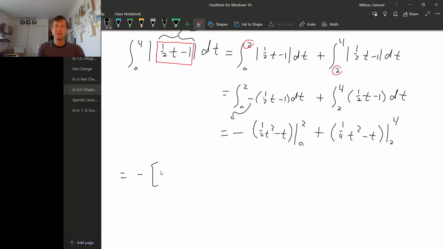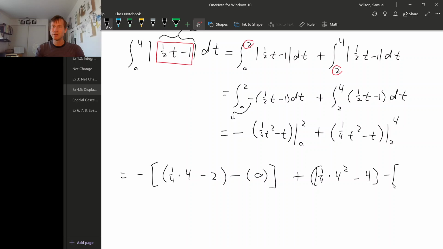So, let's see, for the first one, this is going to be 1/4 times 2 squared is 4, minus 2, minus, and then we need to plug in our 0, but that's going to give us 0 for this one, plus, and let's see, so 1/4, we're plugging in our top bound here, 1/4 times 4 squared minus 4, minus, and then plug in 2, so 1/4 times 2 squared is 4, minus 2.